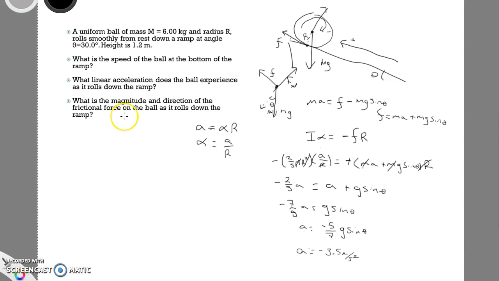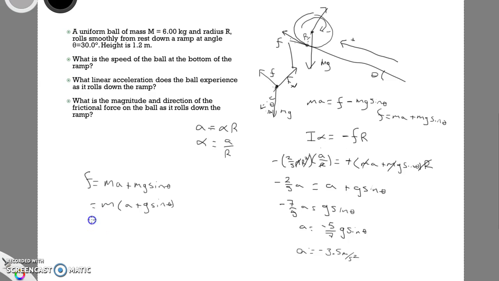So we can take a couple approaches. We can use this equation right here, or we can use that one right here. It won't matter, let's just use this one right here. So F is equal to MA plus mg sine theta, or M times A plus g sine theta.